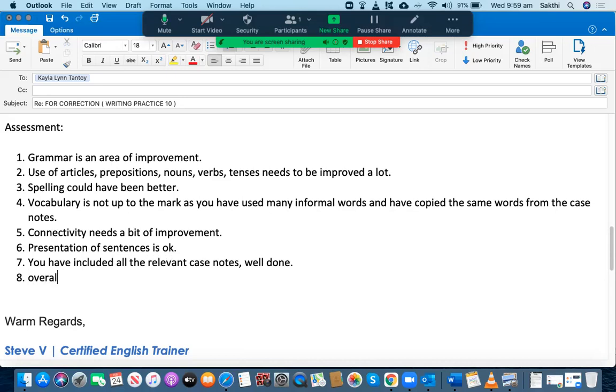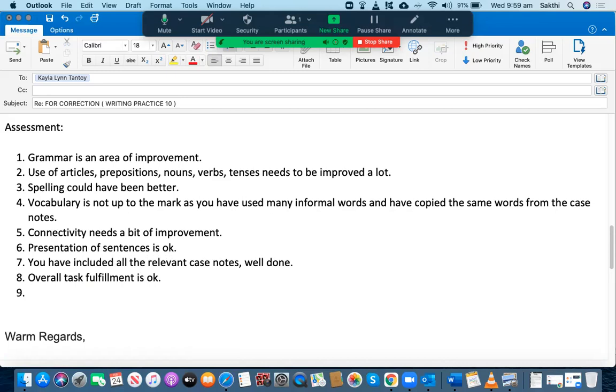And overall task fulfillment is okay. I mean, it's not that bad, but it could have been better a bit. Use more passive voice structure in your letter instead of using the active voice.